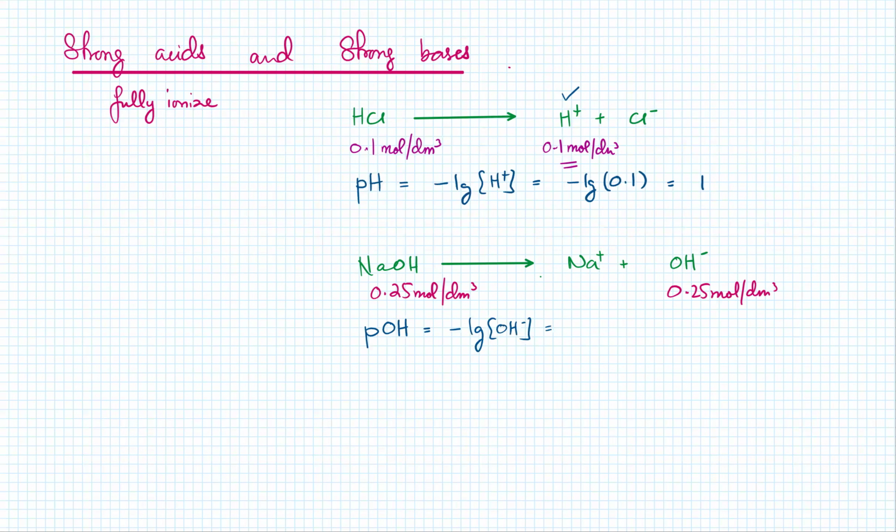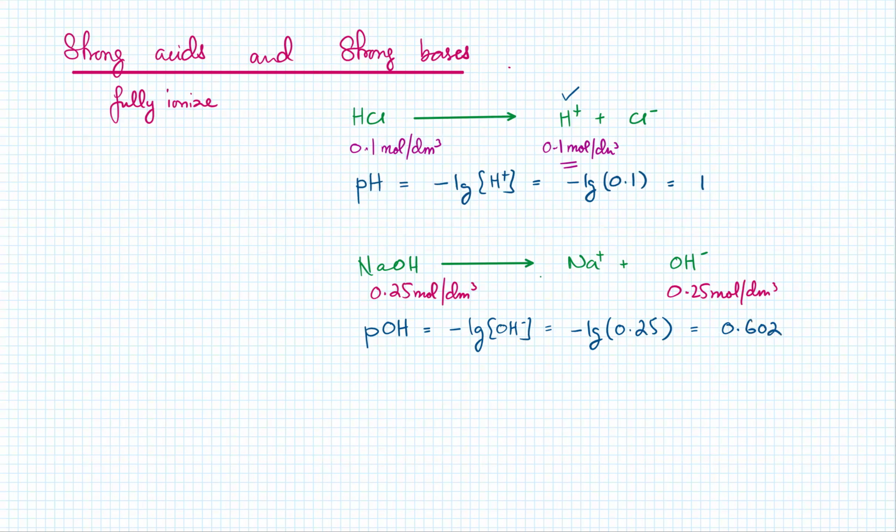I'm going to do that, and it's going to give me negative log of 0.25. Can somebody tell me what the value is? Just remember, log is just a button on your calculator. What do you get for this? To three significant figures, you're getting 0.602.